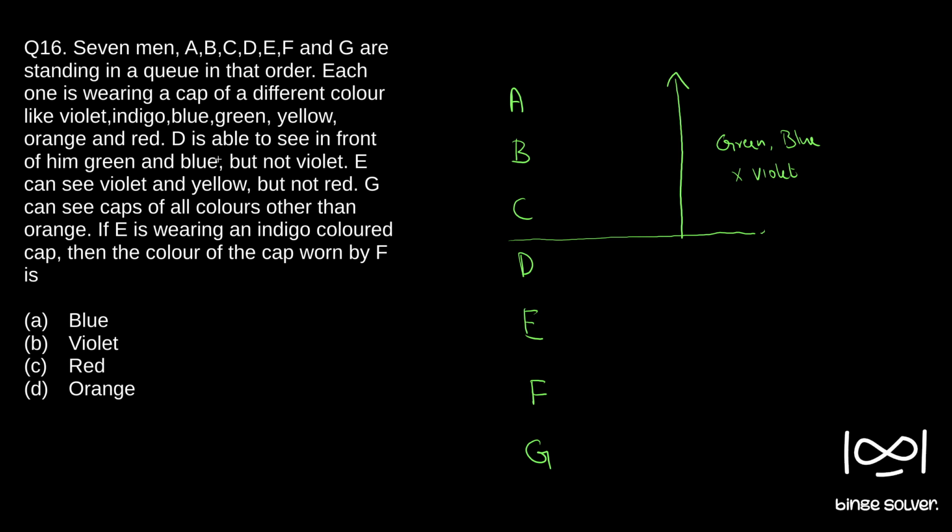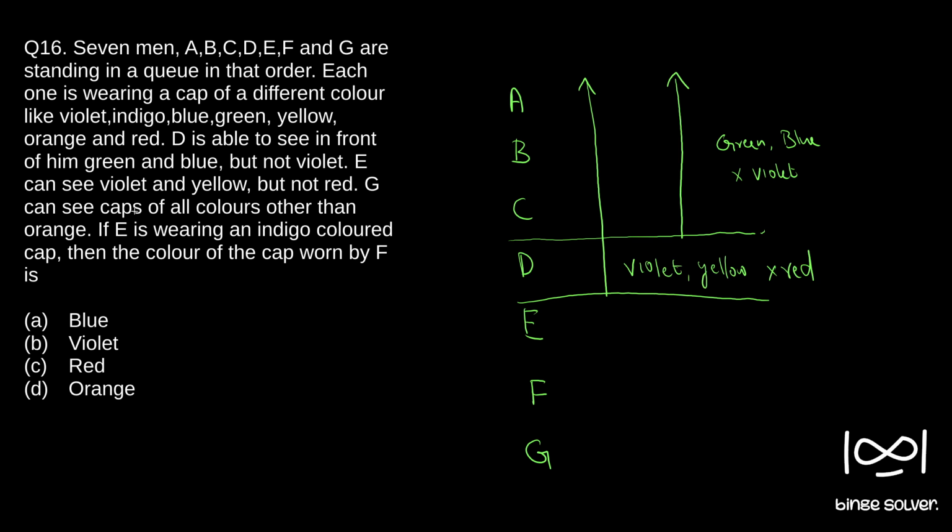Okay. Anyway, let's take the next point. E can see violet and yellow but not red. This is another information that is given.